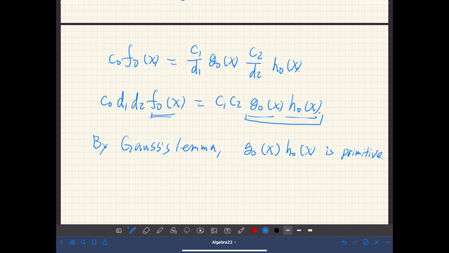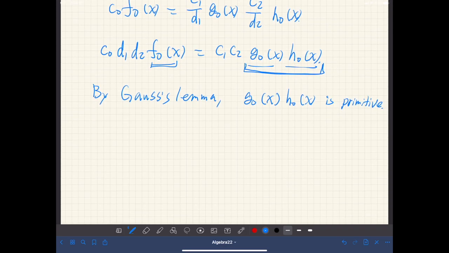So we have a primitive on the left hand side, another primitive on the right hand side. And from a previous lemma, this integer is equal to plus or minus this integer. So c0 d1 d2 is plus or minus c1 c2.